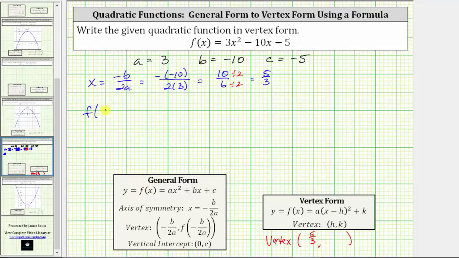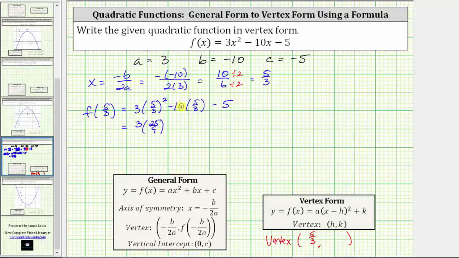So for f of 5/3, we substitute 5/3 for x, which is equal to 3 times the square of 5/3 minus 10 times 5/3 minus 5. Simplifying, the square of 5/3 is 25/9, giving us 3 times 25/9.